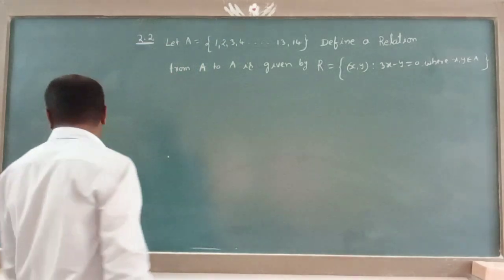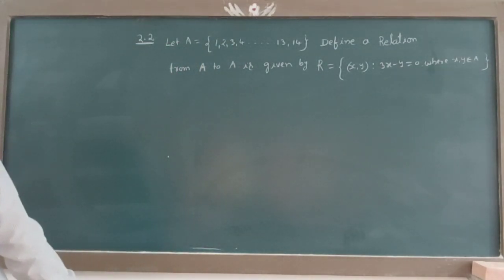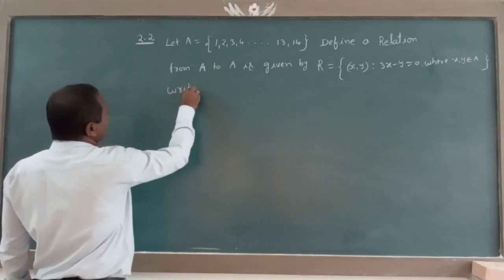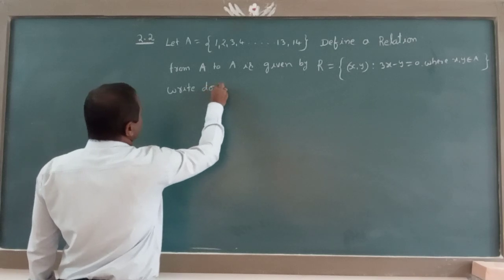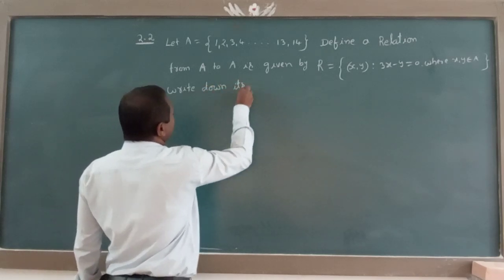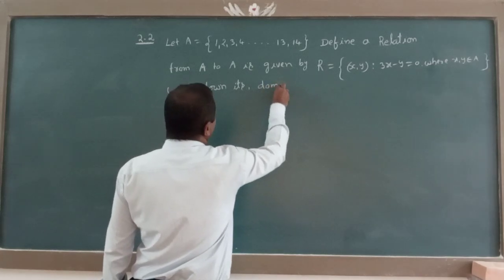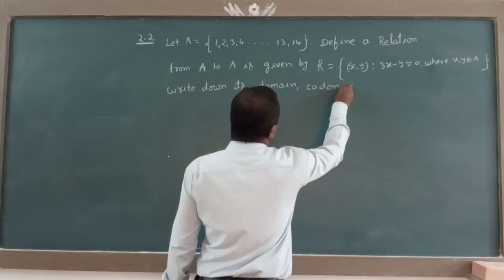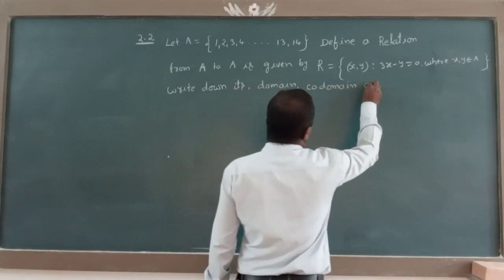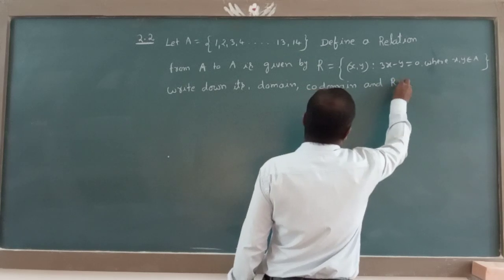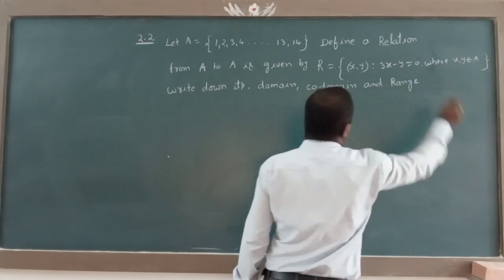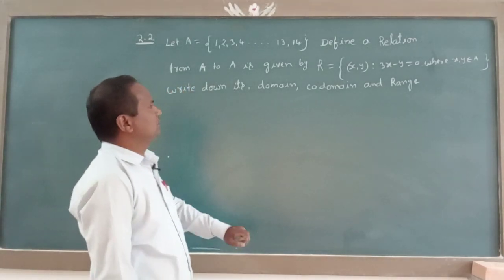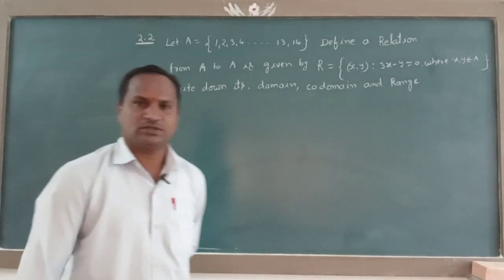Based on that, they are asking one question. What is the question? Write down the domain, codomain, and range. With the help of the given definition, we are going to find the domain, codomain, and range.